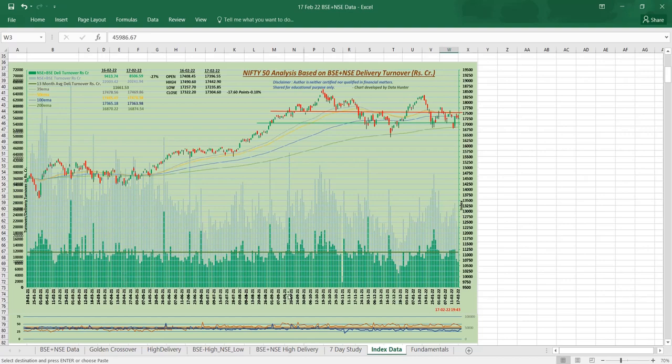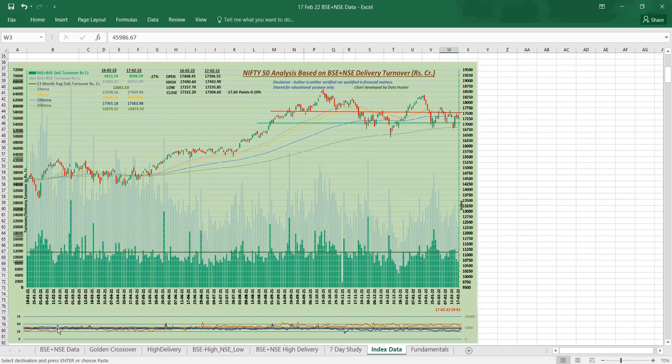At the bottom, there is a faded bar and a green bar. The faded bar is the turnover of that particular day, and the green bar is the delivery turnover of all these 50 companies for that day. On average it is around 12,000 crore. You can see the data available from here.